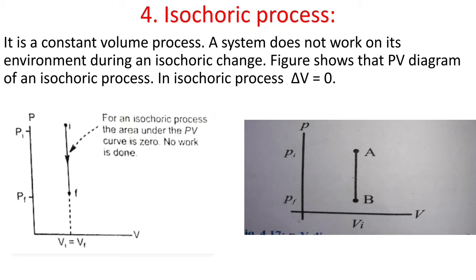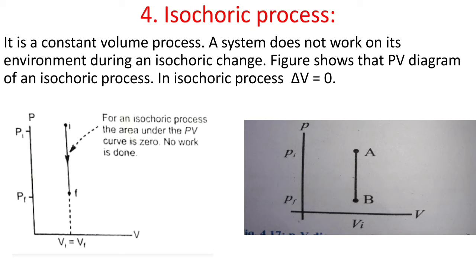A system does not do work on its environment during an isochoric change. It is sometimes called an isometric process or constant volume process. Iso means constant or equal, and choric means space or volume.